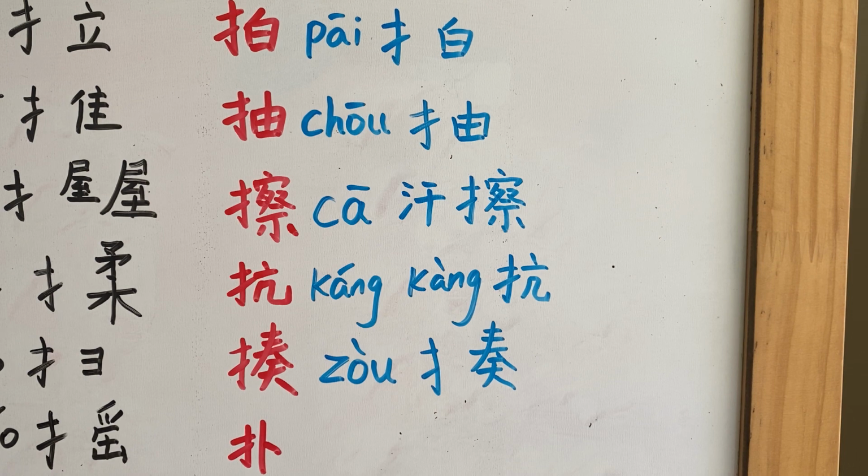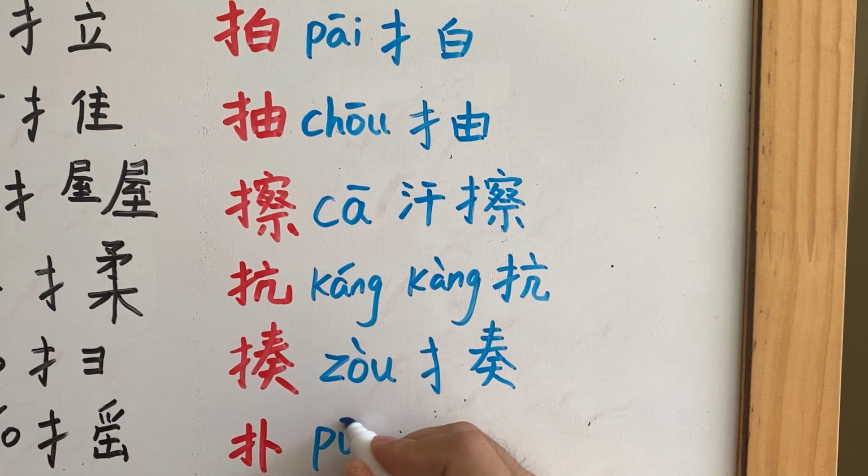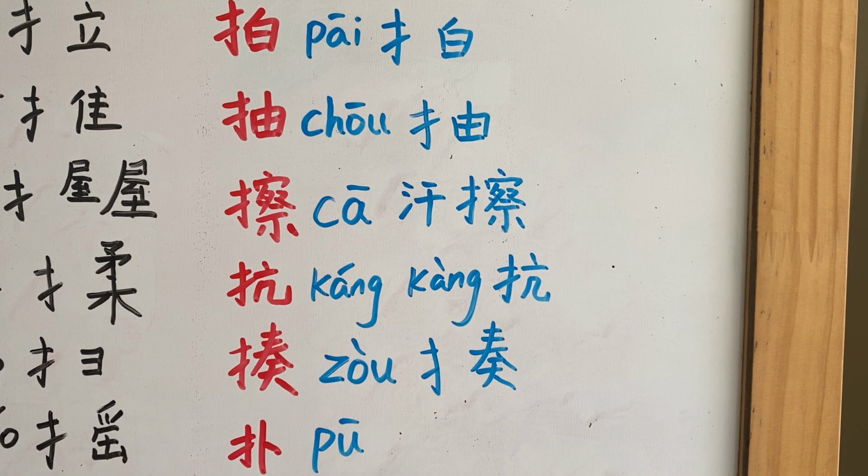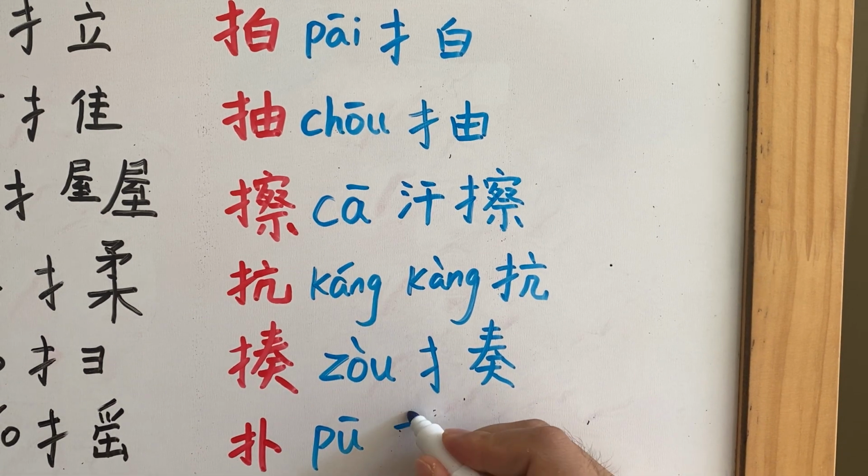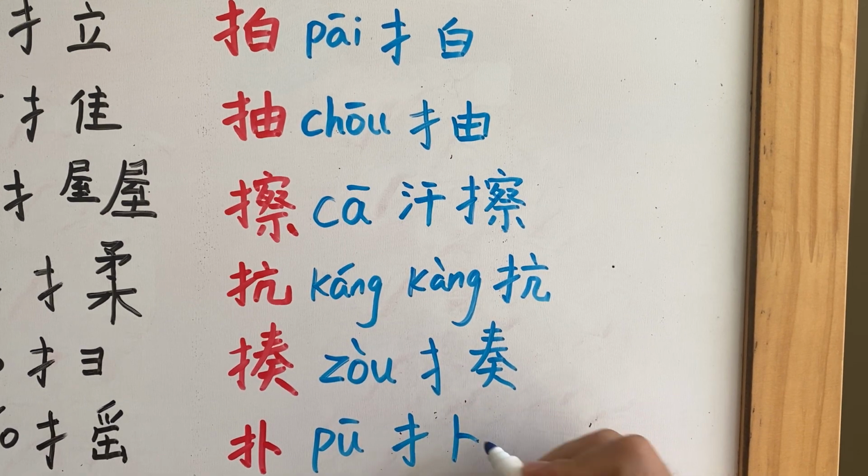The last one, 扑. It's written like this, left part, the right part. This one also has multiple meanings.